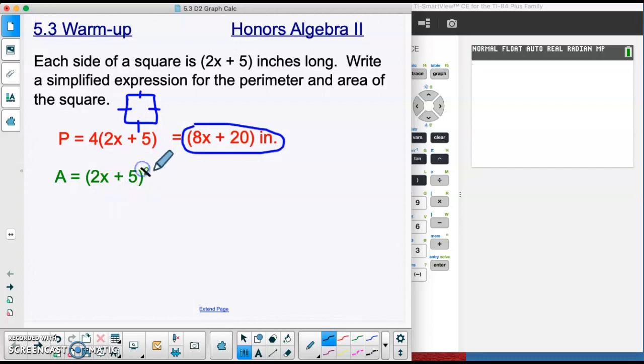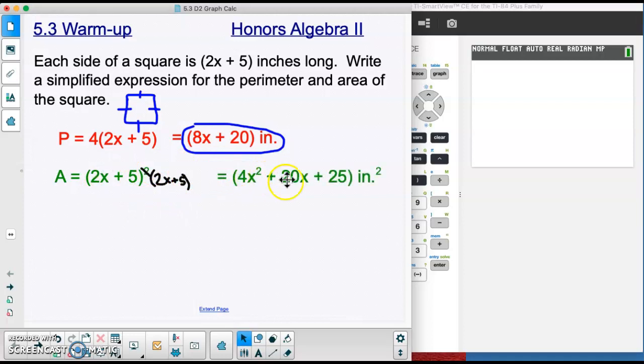So I need to cross off that 2, and I'm going to write down another 2x plus 5, and now I will FOIL that out. If you follow this process, I guarantee you're going to make fewer mistakes in the future, because again, exponents do not distribute. So I FOIL that out: first, outer, inner, and last.